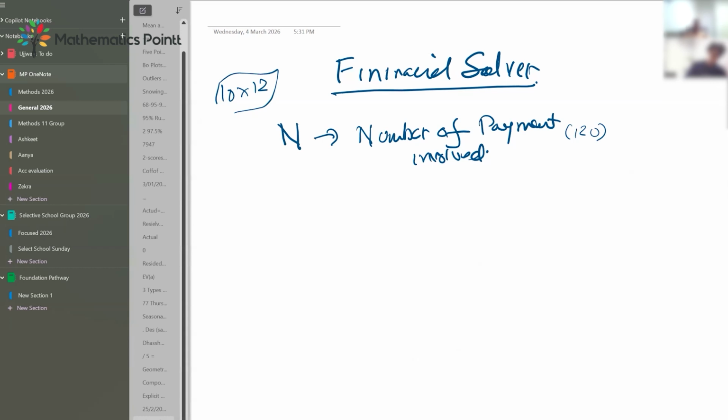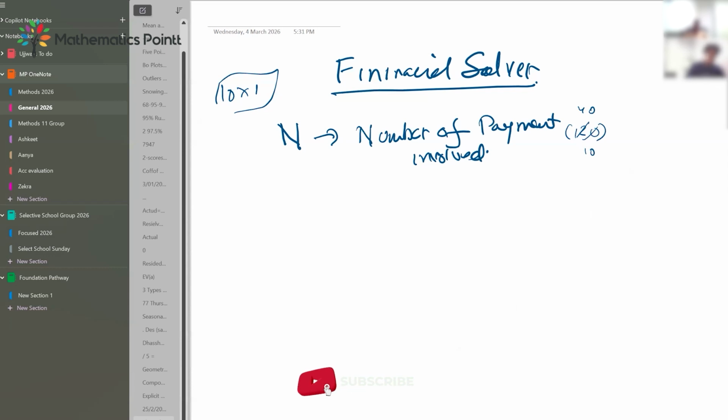Now, let's say someone's not doing monthly payments, they're doing quarterly payments, but for 10 years, then I'll say 10 times 4, this becomes 40. If someone's doing yearly payments, then obviously it's 10 times 1, so it becomes 10, and so on.